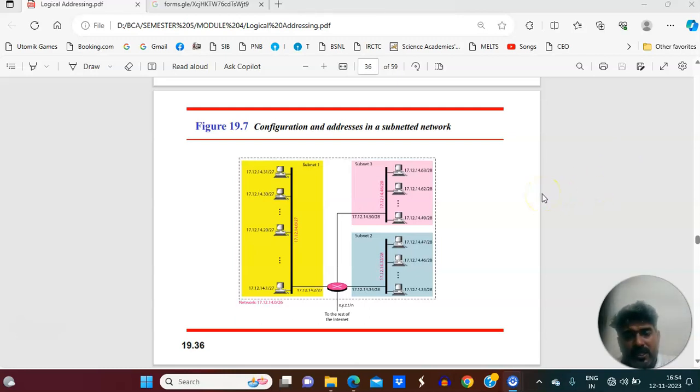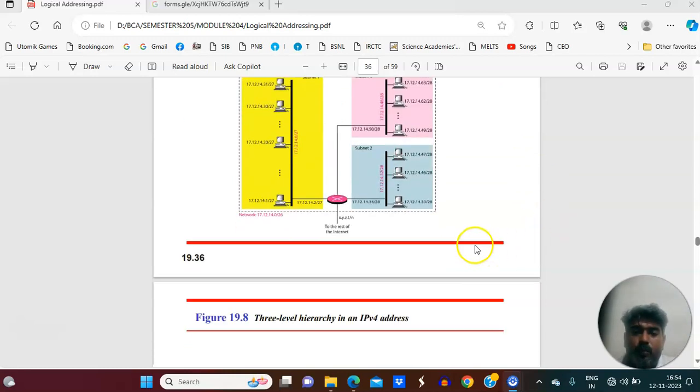This idea is known as subnetting. Similarly, when you get more than one block and merge them into one, it is called supernetting.